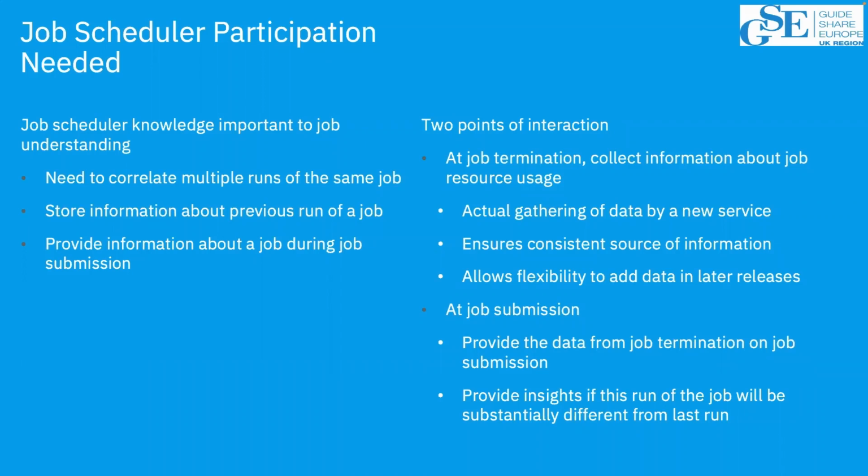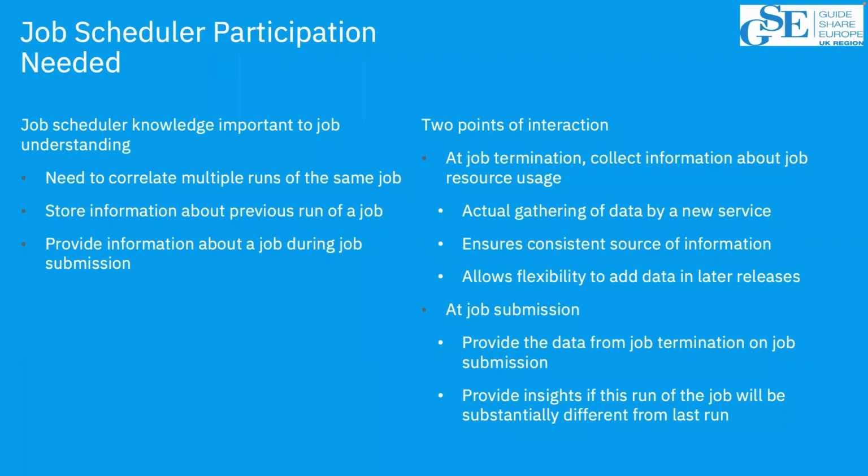Well, first of all, the job scheduler has knowledge about jobs, about the correlation of multiple runs of the same job instance, can store information about previous executions of a job, and can provide this information at job submission. So there are 2 points of interaction between the Z system and a job scheduling tool.